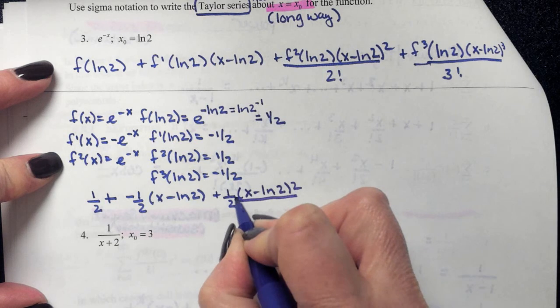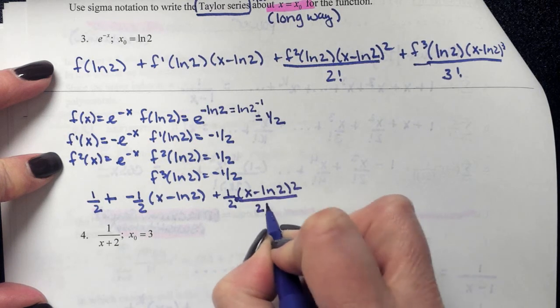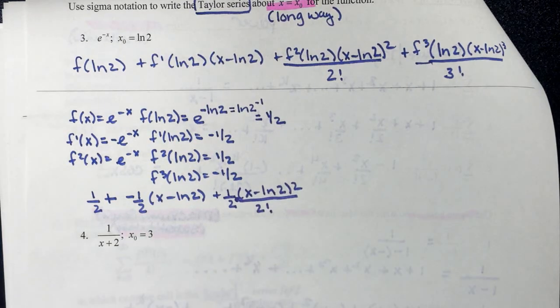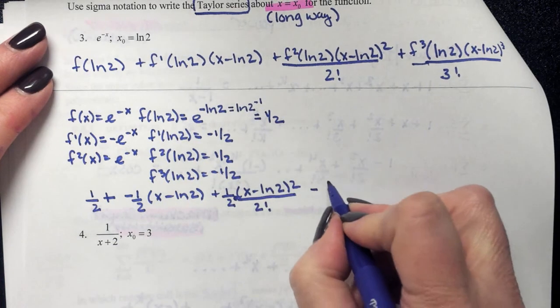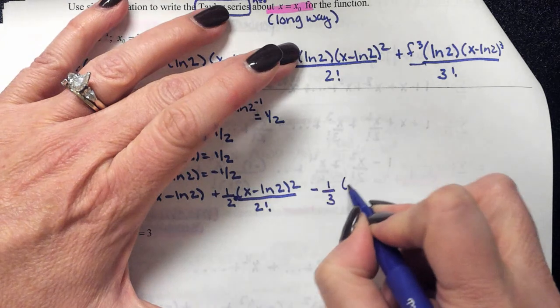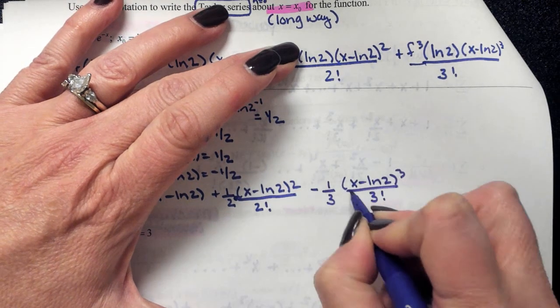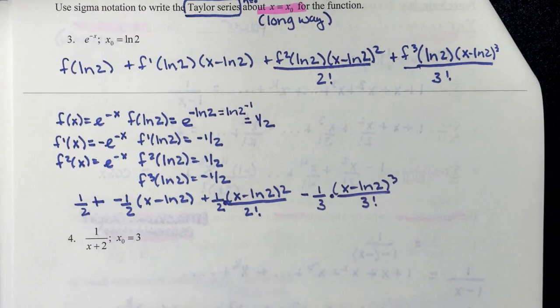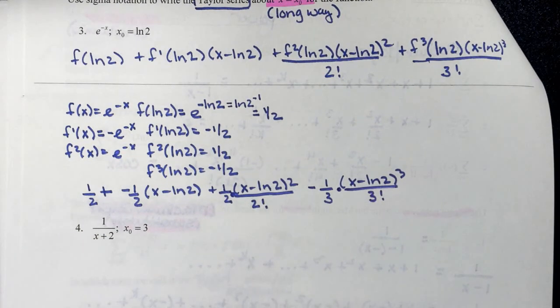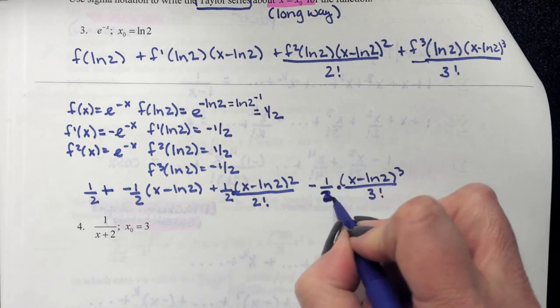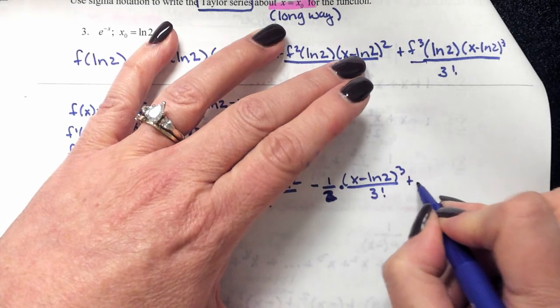And again, that 1/2 is being multiplied by the x minus natural log of 2 squared over 2 factorial. And then minus 1/2 times x minus natural log of 2 to the third all over 3 factorial. Oh, whatever a third, you're right, half, thank you. And again, I could go on and on.